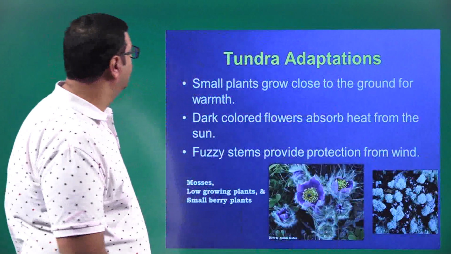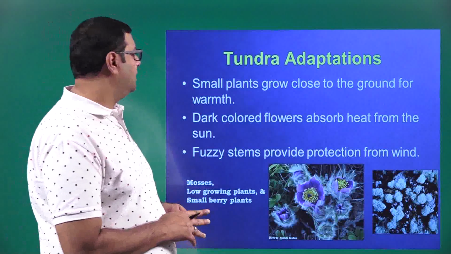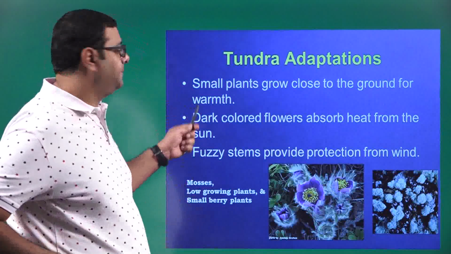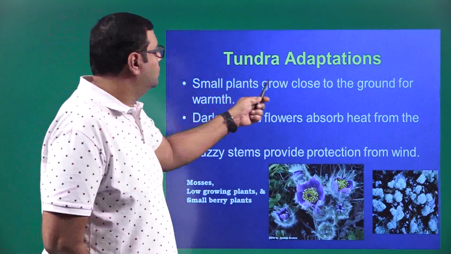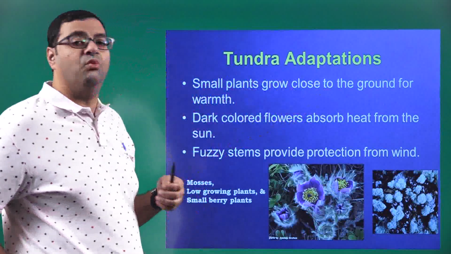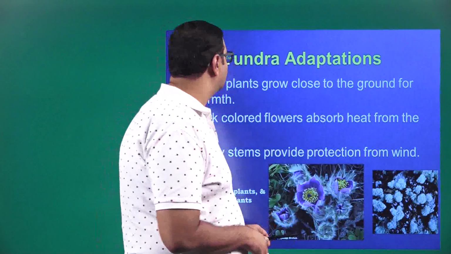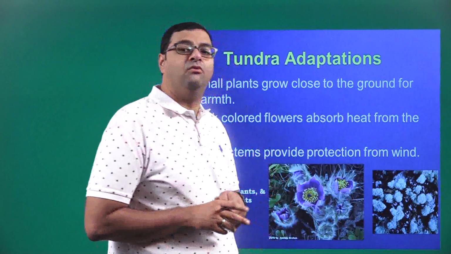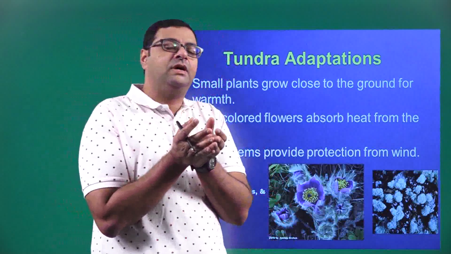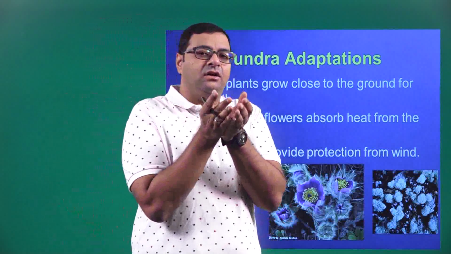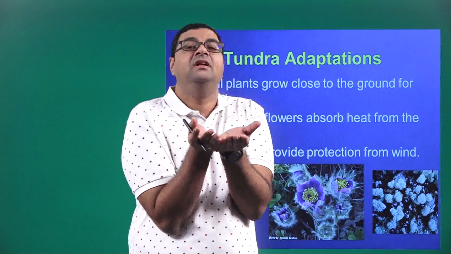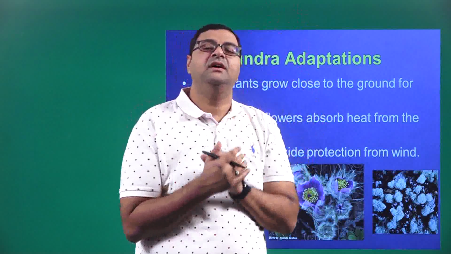Moving on, tundra adaptations. Now, in the tundra, small plants grow close to the ground for warmth. On the ground there is a lot of warmth because the sun is beating on the ground.